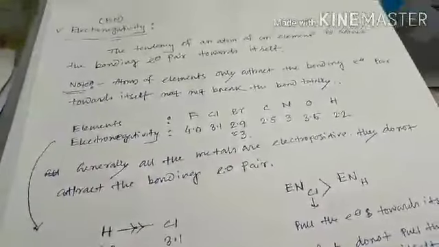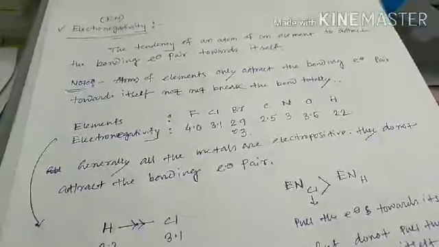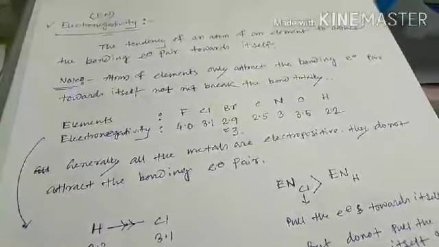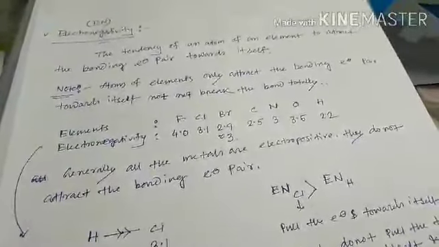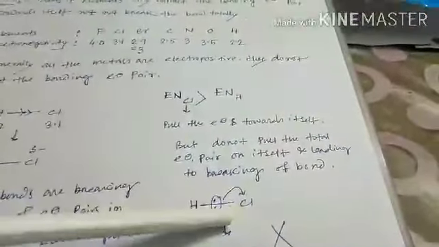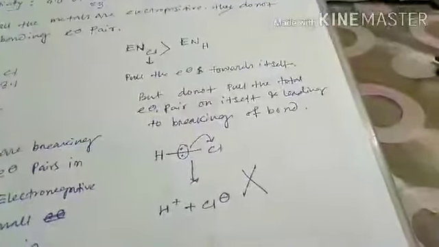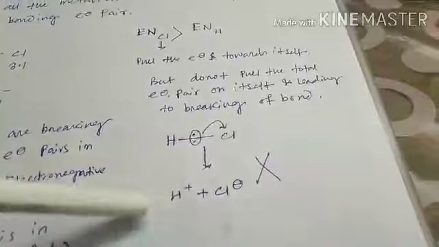It should be noted that atoms of elements only attract the bonding electron pair towards themselves, not break the bond totally. Here chlorine has the greater electronegativity value than hydrogen, but chlorine does not take away both of the bonding electrons, making chlorine minus and hydrogen plus with discrete charges.